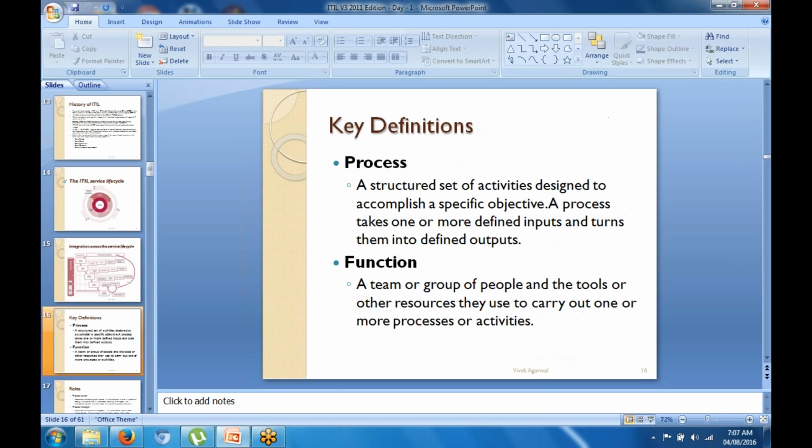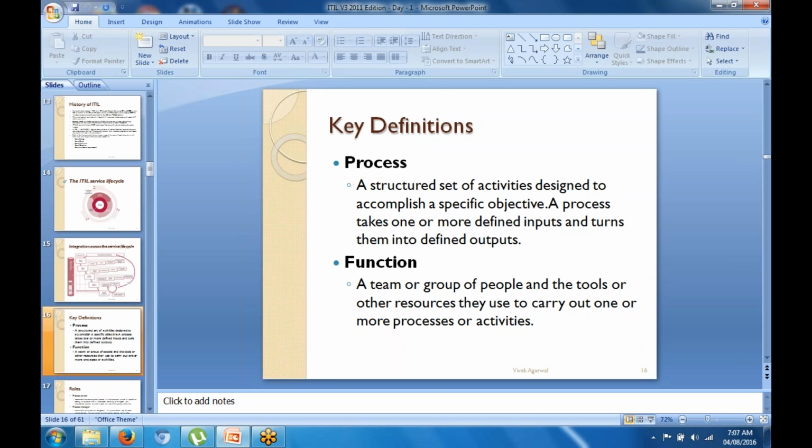You see the definition of each term, which is going to come again and again when you handle software project management as well as any project management. The terms are process and function. A process, in general terms, is a structured set of activities designed to accomplish a specific objective.